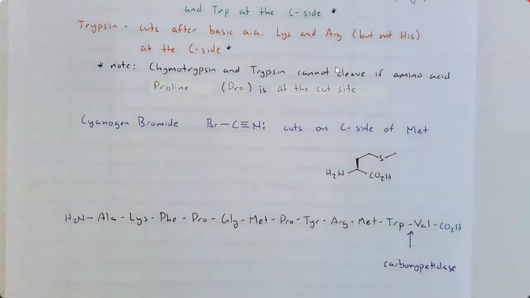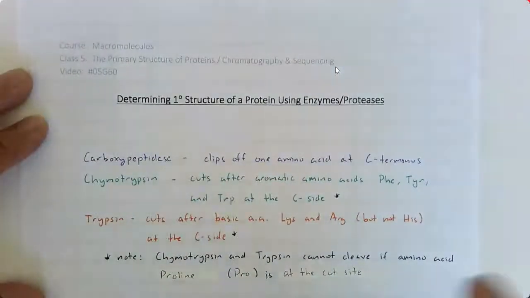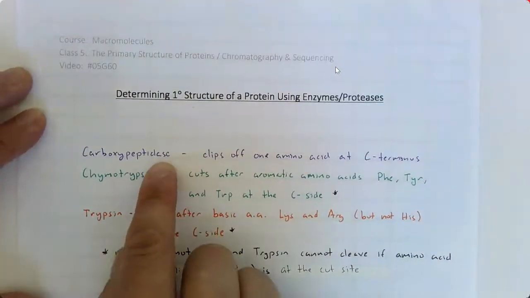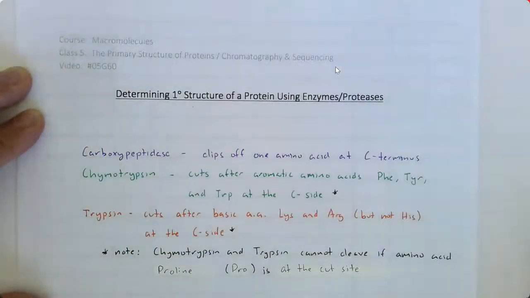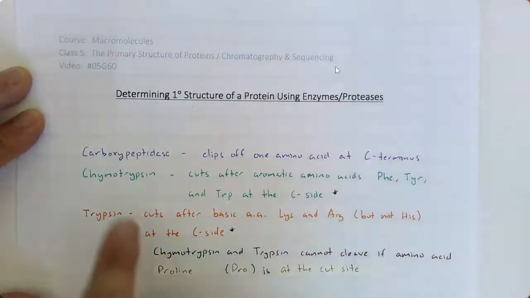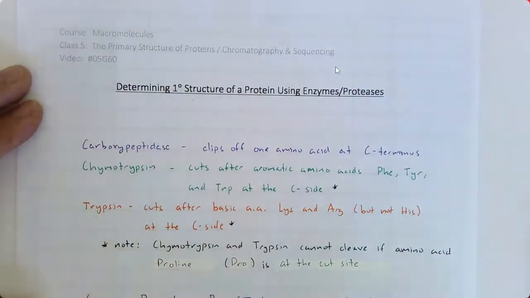Oh, by the way, these proteases, enzymes that cleave and cut proteins and polypeptides and peptides into pieces, they typically end in ACE, or they are trypsin, chymotrypsin, in this case just plain trypsin.